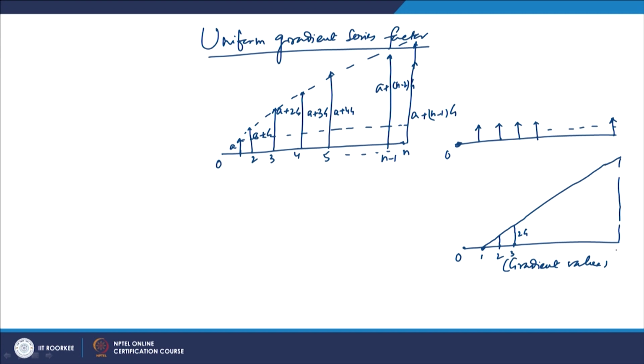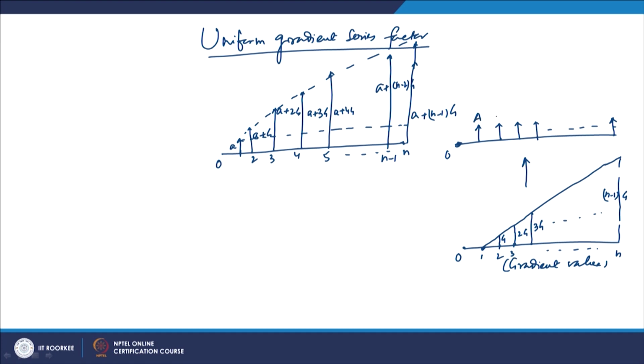So, G, 2G and then 3G, and finally at n it will be n minus 1 into G. So, our job will be to have the cash flow diagram for the equivalent equal annual amount, which should be the same as the amount calculated from this series.